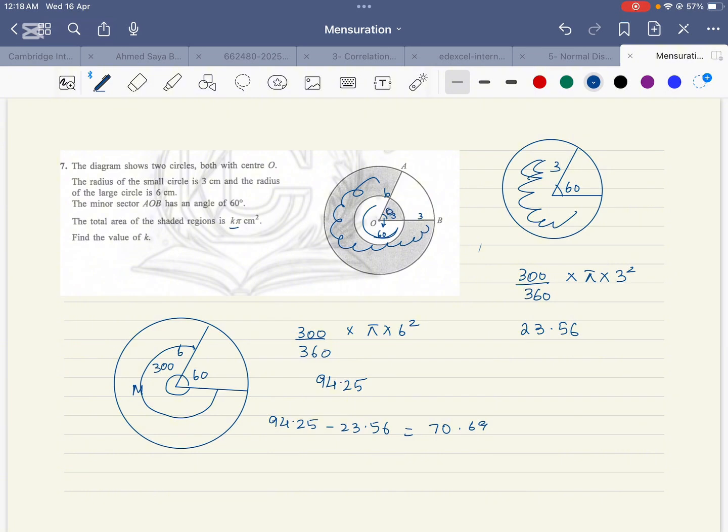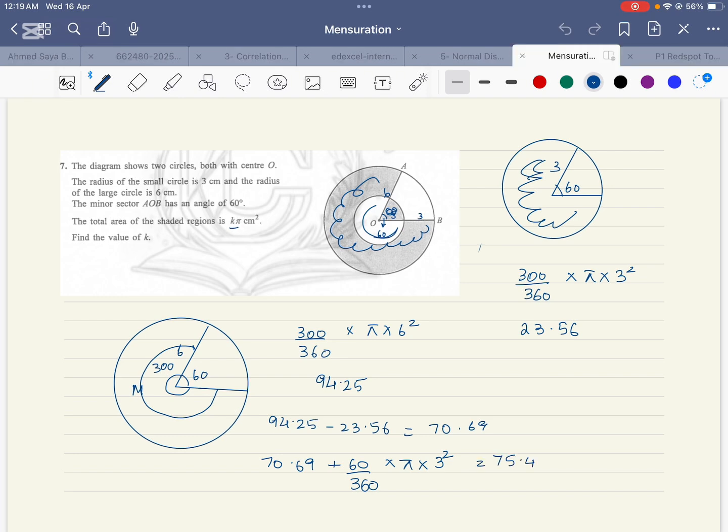Now we need an additional this area. So what do we do for that? 70.69 plus 60 upon 360 into pi r square. This gives me 75.4.